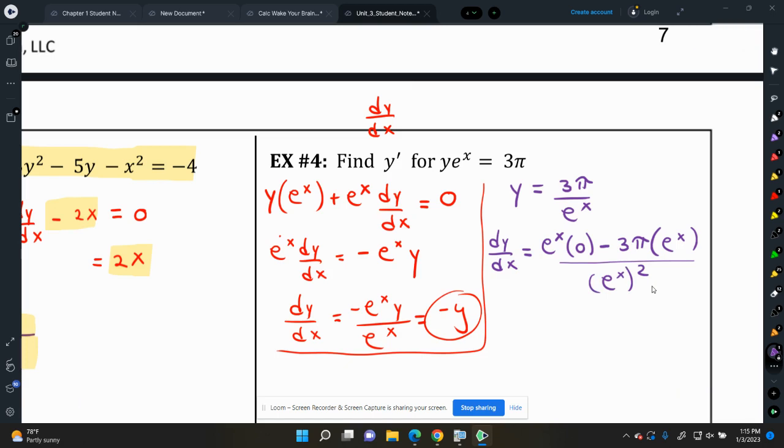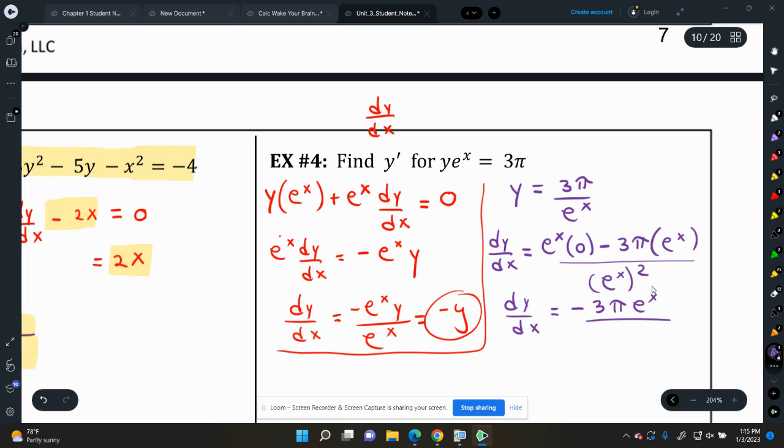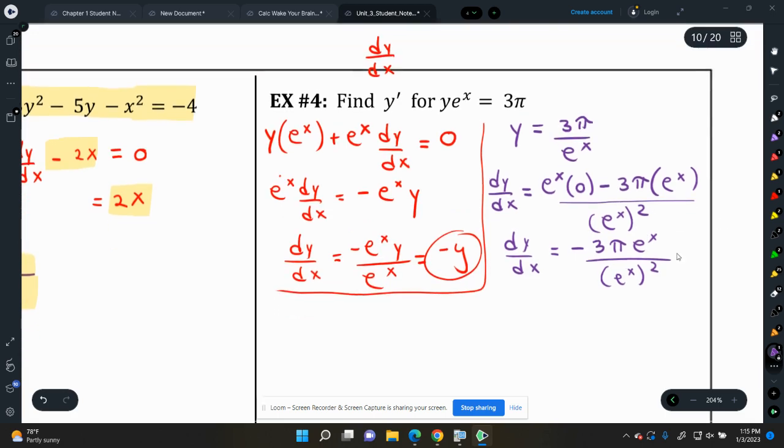Okay, so we get dy dx equals negative 3 pi e to the x over e to the x squared. So it's more complicated here algebraically. It doesn't look anything similar, does it?